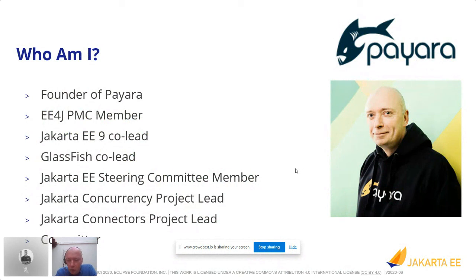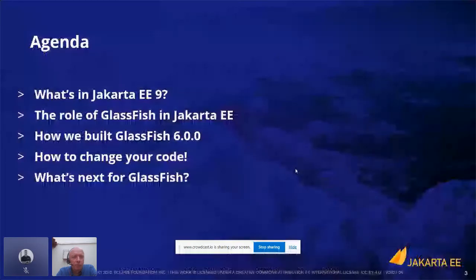So what we're going to talk about now: I'm going to recap what's in Jakarta EE9. I'll then explain the role of GlassFish in Jakarta EE, and where it fits in. It's no longer the reference implementation, so I'll cover some of that as well.